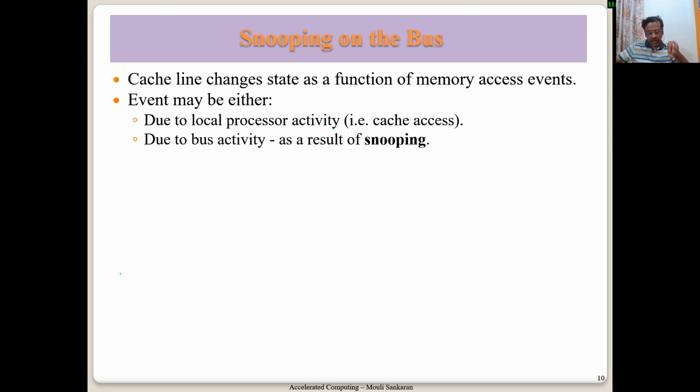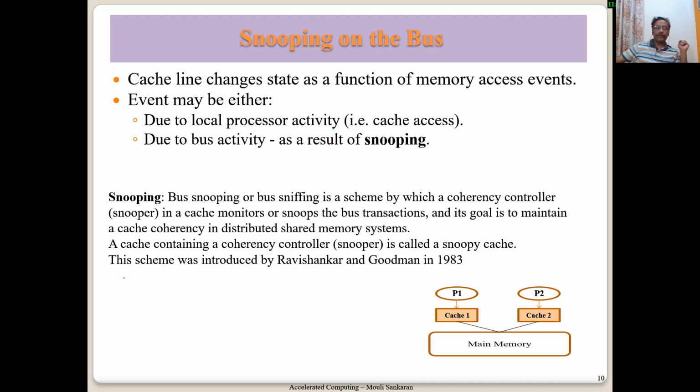Snooping means you are quietly watching what is happening on the bus. I am owning some block in my cache, and related to that block, are there any activities happening on the bus from other cores? So snooping is the scheme by which a coherency controller, a hardware unit in a cache, monitors or snoops the bus transactions, and its goal is to maintain coherency across the distributed shared memory system.